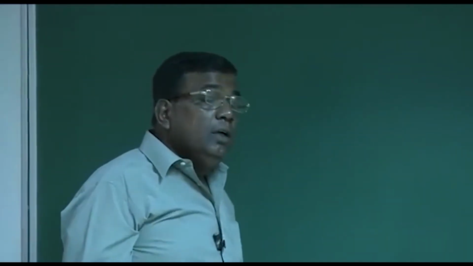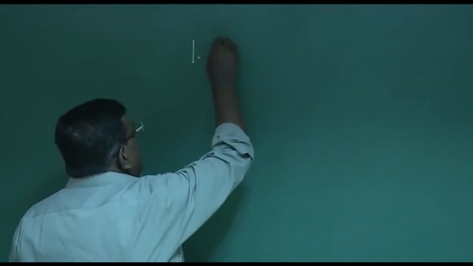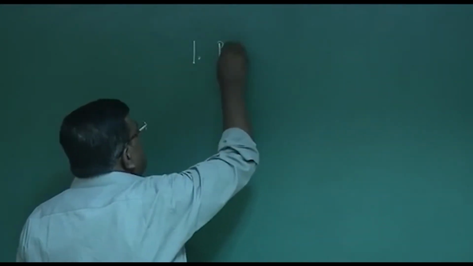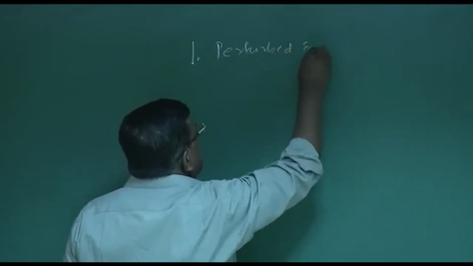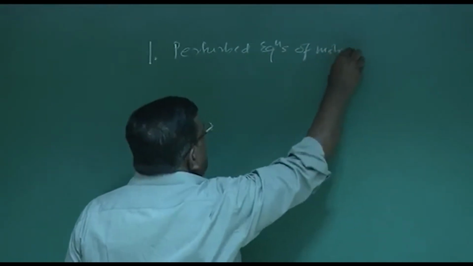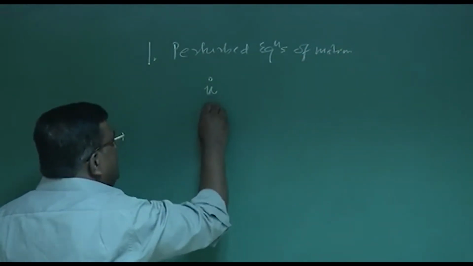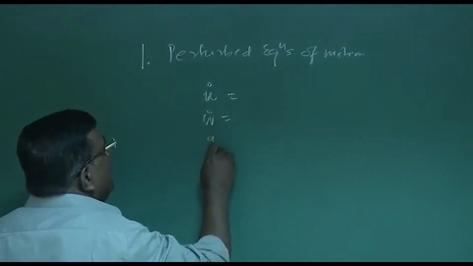This is one. To do that, what have we done? We have developed what we call perturbed equations of motion, right? And you know by now that's u dot, w dot, then q dot.